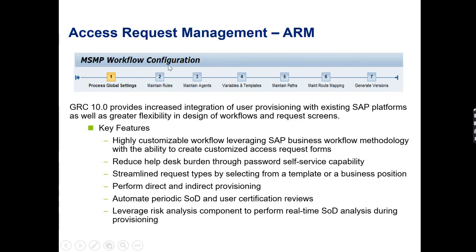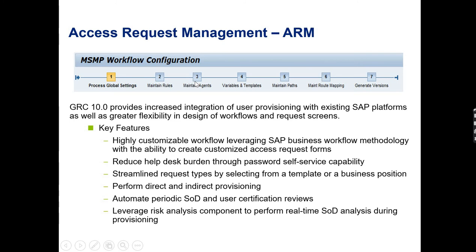Otherwise, if we don't add, all the SAP defined or GRC defined standard rules will be added into the second step. Third step is which people will be receiving the request, like your manager, role owner, or security lead. These are the kind of agents given in the third step.